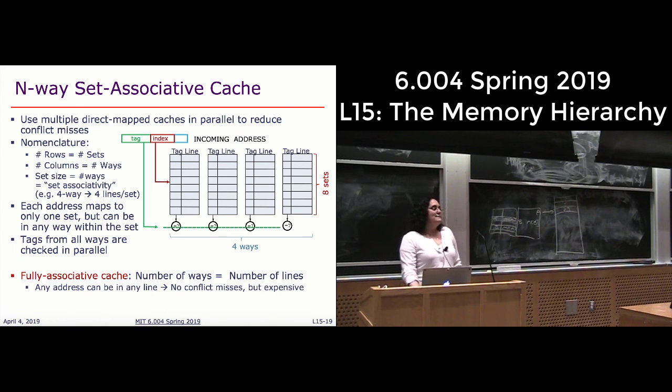You can imagine an end case of this where I have exactly 1 set, and we call this a fully associative cache. This means that basically any address can go into any line of my cache, but this becomes expensive because I now have to have the same number of comparators for my tags as I have ways in my cache.